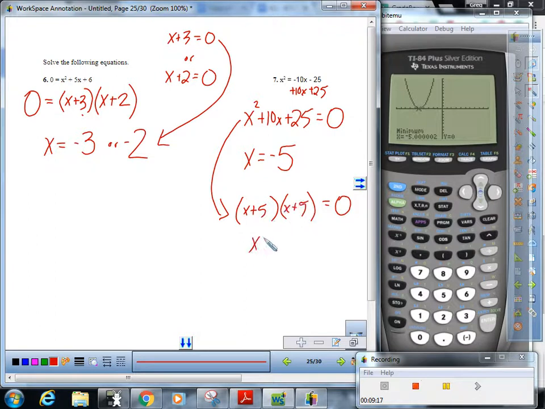So either x plus 5 equals 0 or x plus 5 equals 0. So what does x equal? -5 or -5. You would never write it like that, which is why we only got one answer. Okay, I hope this helps. I hope this is making sense.